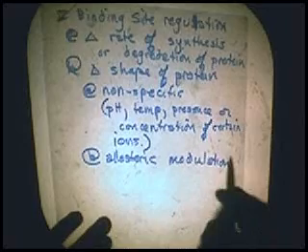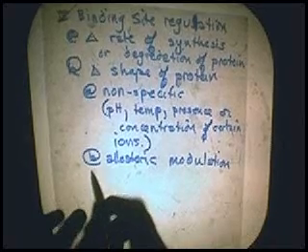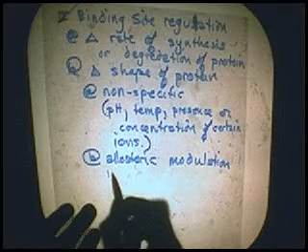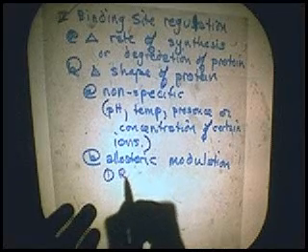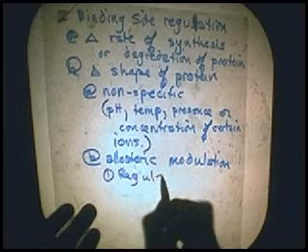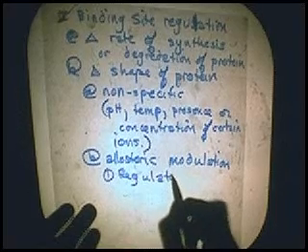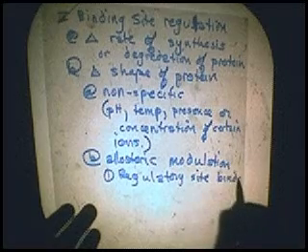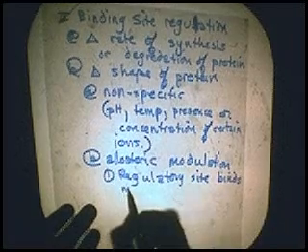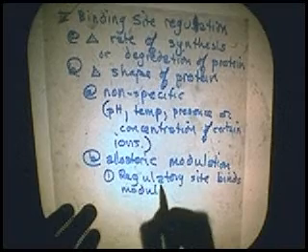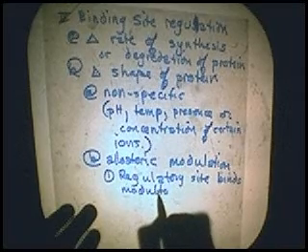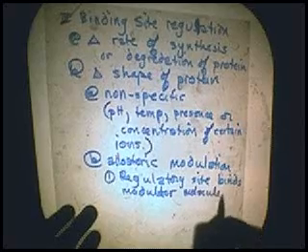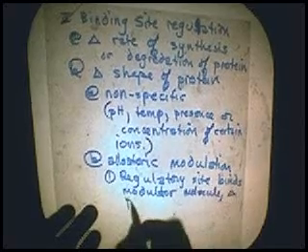And what happens with allosteric modulation is a regulatory site, somewhere else on the molecule, binds a modulator molecule, changing the protein shape.